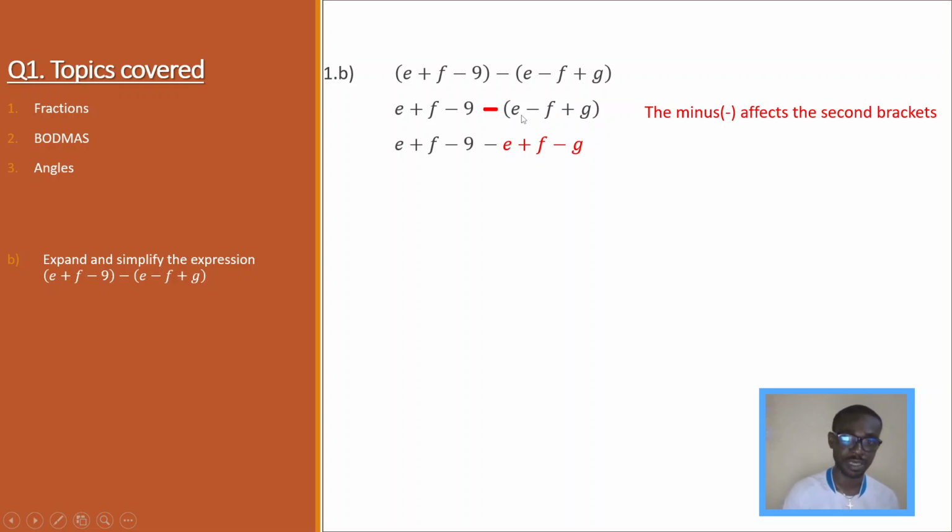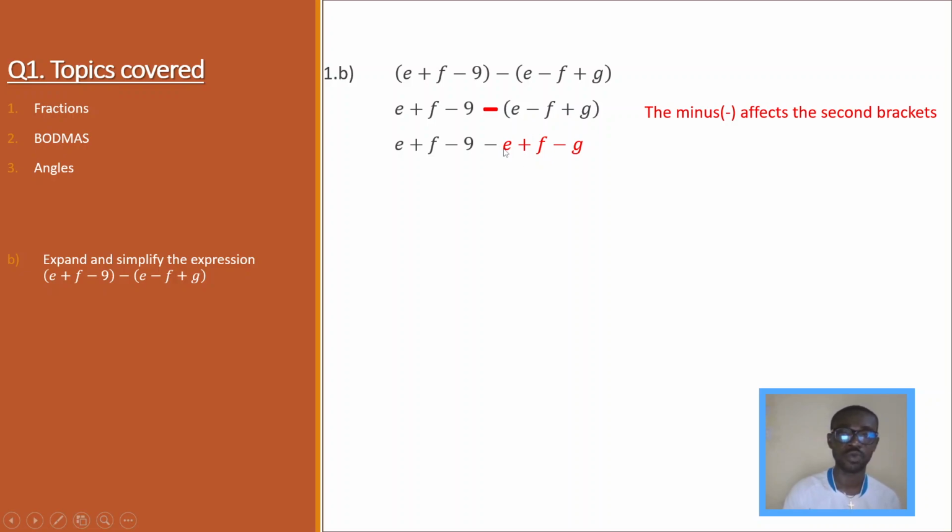Expressions are made up of terms. So this E is one term, F is another term, and G is also another term. And since they are in a bracket and the negative sign is outside of the bracket, it is going to affect each of the terms inside of the bracket.